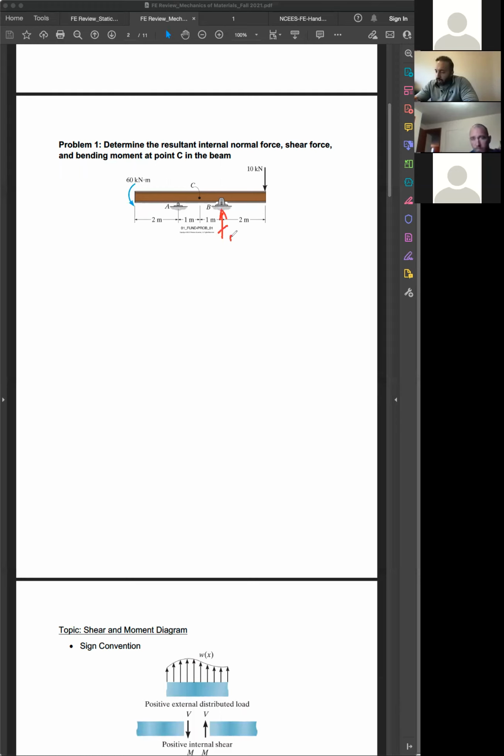Here you have the By, here you have the Ay, and also you can say that there's a horizontal force. It is equal to 0 because there is no horizontal force, but we can just assume it there. Summation of force in x direction equal to 0, so Ax equal to 0. Then you can say summation of moment about, say, point A equal to 0, this direction positive.